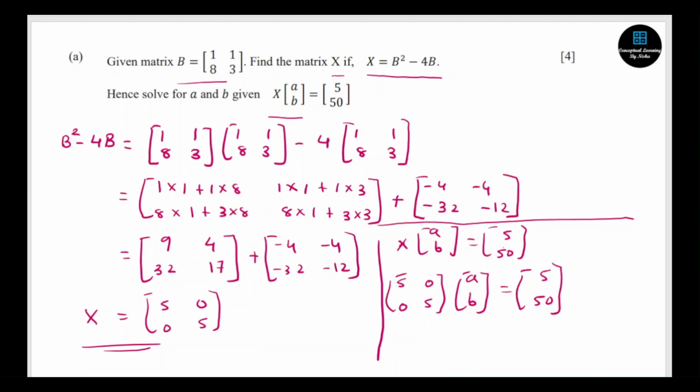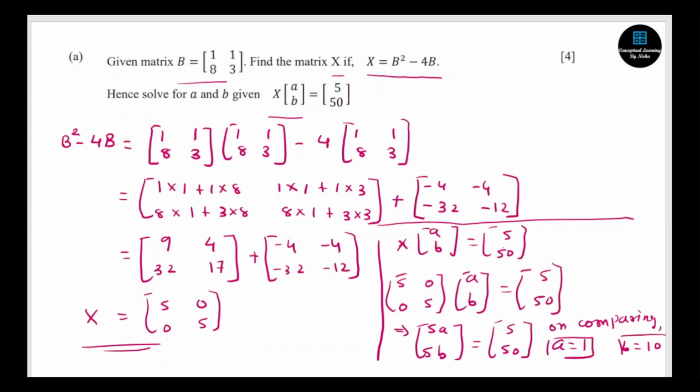And now when I multiply this, what do we get? 5a, here I'll get 5b. This matrix I get, and here it is 5 and 50. So on comparing, I don't have that much space, so I'm directly writing this. 5a equals 5, so a equals 1. And 5b equals 50, so b equals 10.